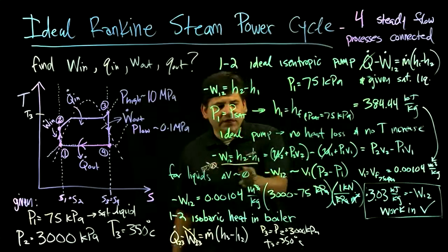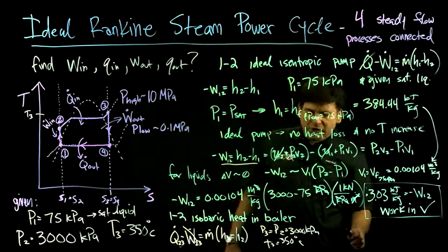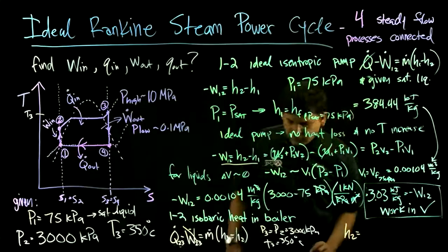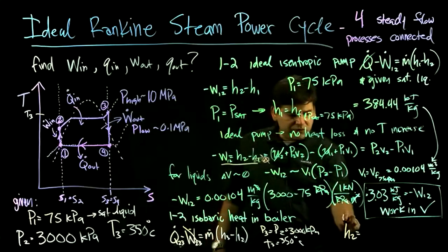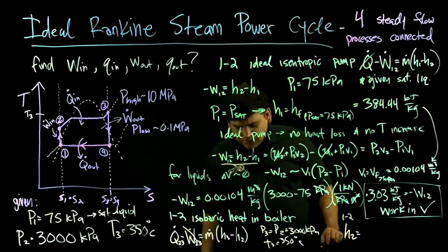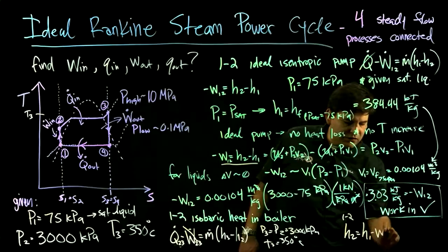That's just going from here, that we know the enthalpy, we know the work, so we can say that from process 1 to 2, going back, H2 is H1 minus W from 1 to 2.